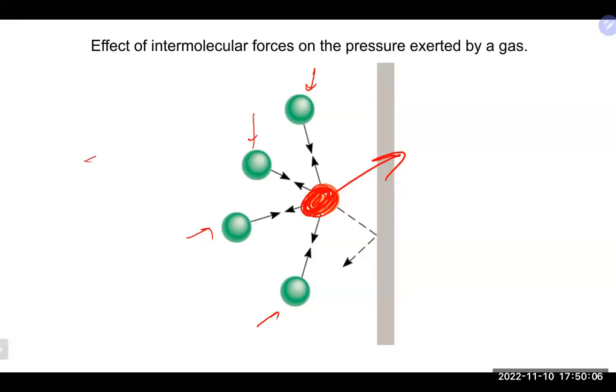As it's moving towards, say, the wall, it's now going to feel a little bit of a drag coming back the other way. And what that's going to affect is obviously the number of collisions that will occur, and that's going to affect the pressure that we would associate in a real gas situation versus an ideal gas situation, where we assume that they're just flying around by themselves, nobody's interacting, so they're free to flow around as well.